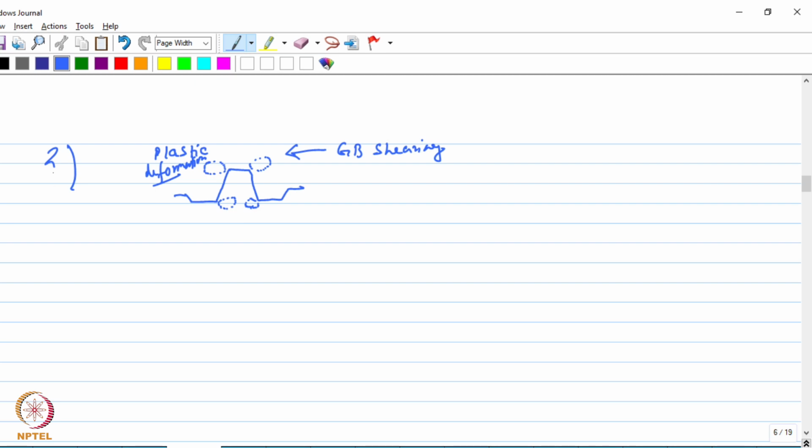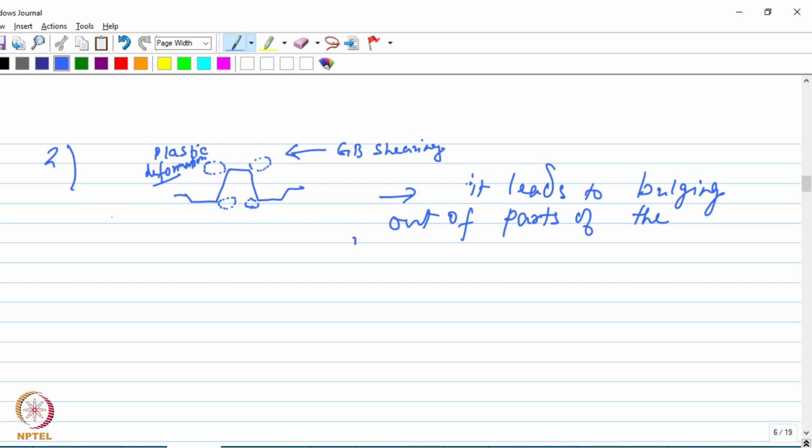Right, so this kind of corrugation or serration will be developed as the strain gradient across the boundaries increases, and finally it will lead to formation of the bulge. So that's the next stage.